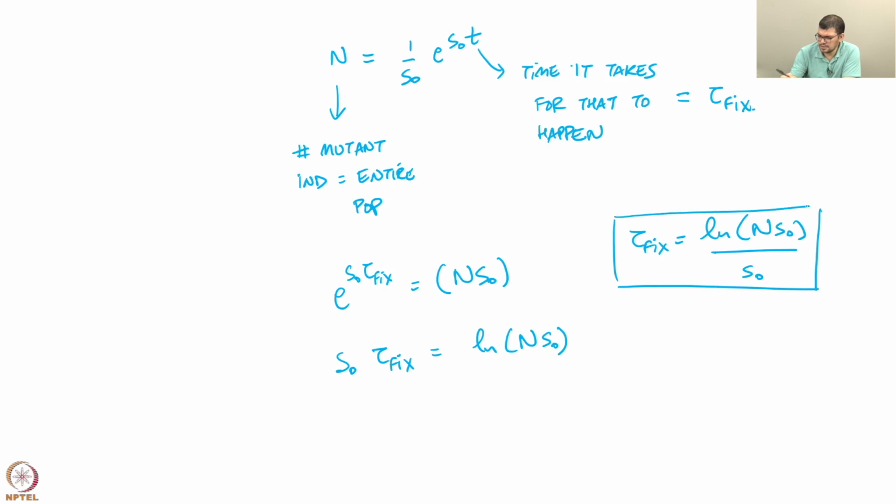So the exercises associated with this week, we will plug in some numbers for tau fix and tau wait, and what we will find out is that for microbial populations of any reasonable size, tau wait is much less as compared to tau fix.